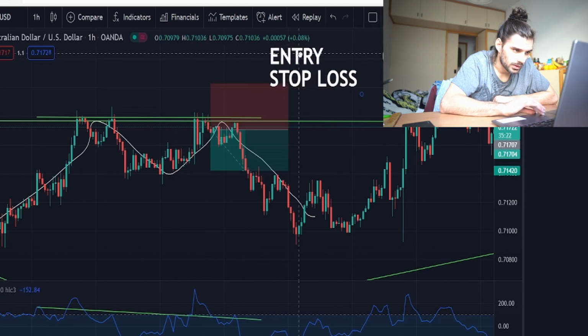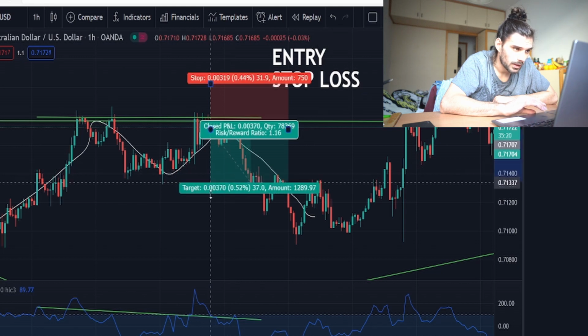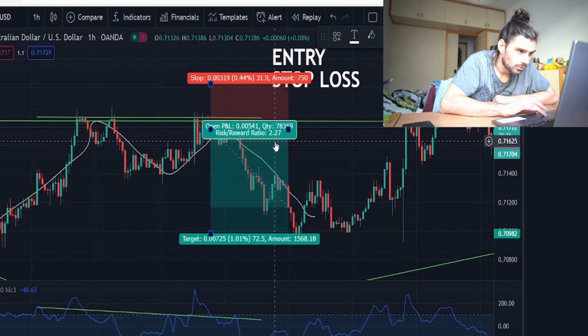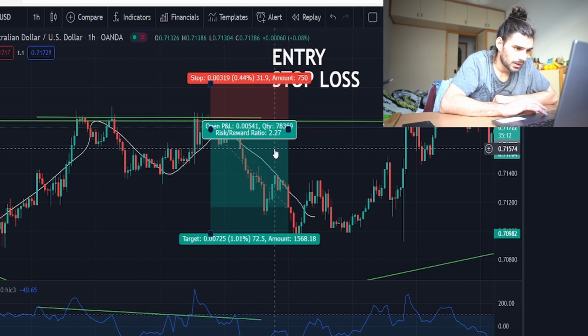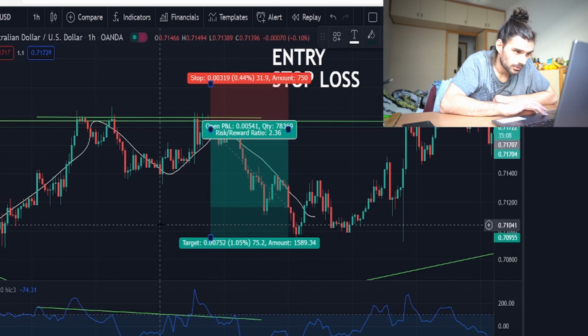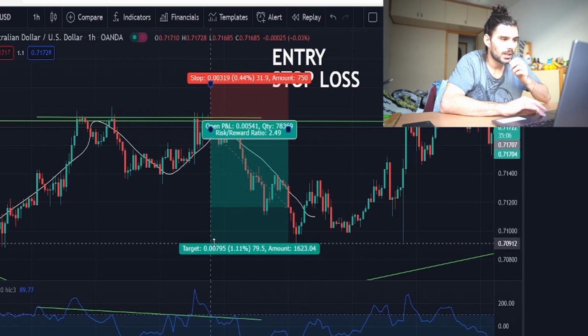And if we take the lowest point, it was in profit and even had a risk reward of more than 2.0. Could have been roughly 2.5, almost 2.5.